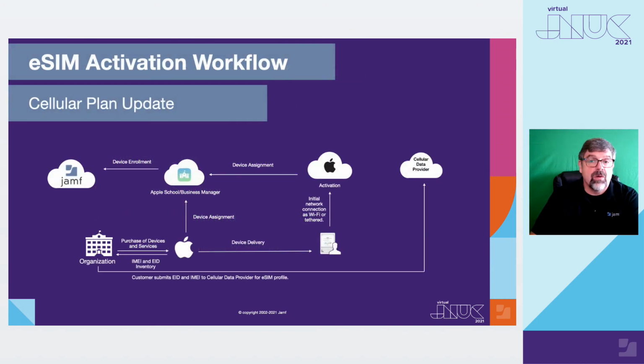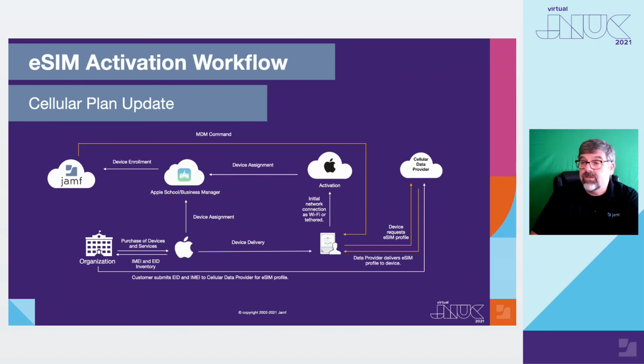Again, as we saw when we did the initial activation, all we have to do for changing a plan is get with our Jamf Pro or Jamf School server and send that remote MDM command to the device. The device is going to contact the SMDP servers from our carrier.